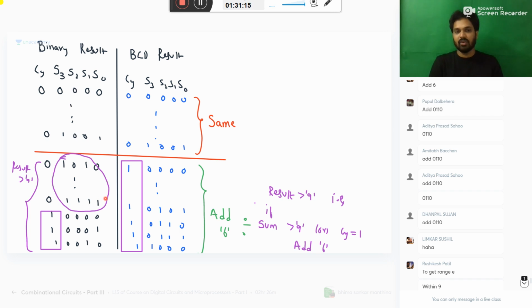Your adder is binary adder. You designed a binary adder, you are using it for BCD. If this is greater than 9 or carry is 1, any one of these conditions is satisfied, in all these cases, you should add 6 to get the valid answer. Vivek, clear? And Pupul, is it clear now or ask me again?